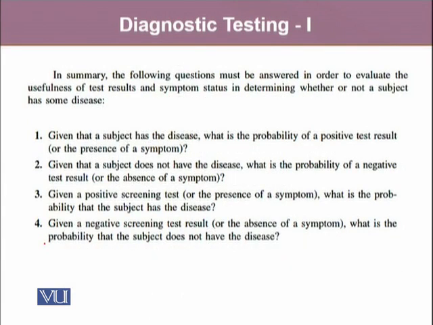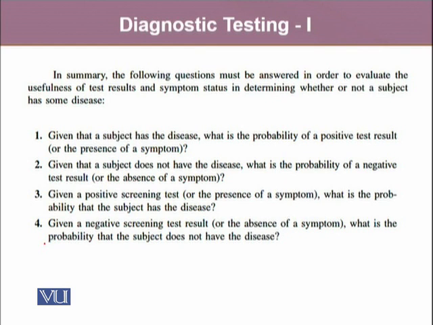But in summary, the following questions must be answered in order to evaluate the usefulness of the test results and symptom status in determining whether a subject should be classified as having the disease or not. The first question: given that the subject has the disease, what is the probability of a positive test result?